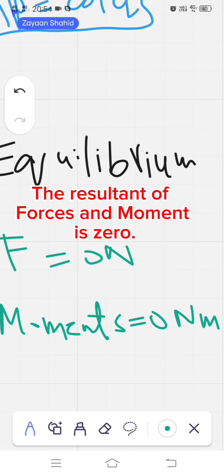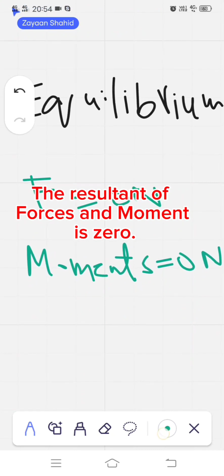In the simple way, we can state that if the resultant moment is zero, then the sum of clockwise moments and the sum of anti-clockwise moments are equal.